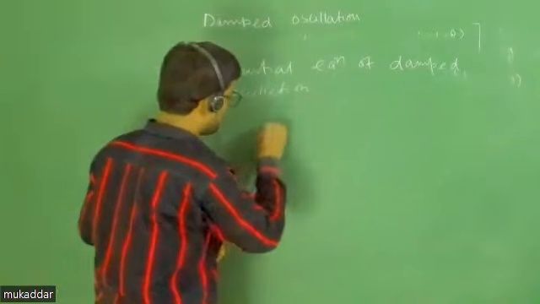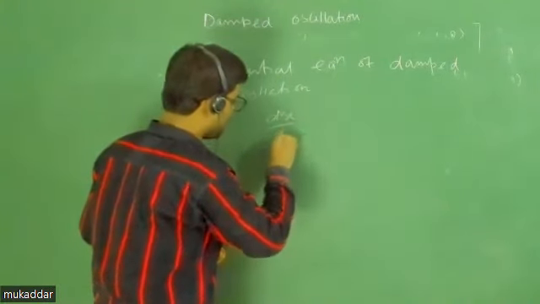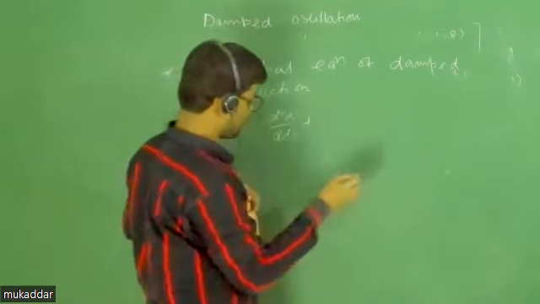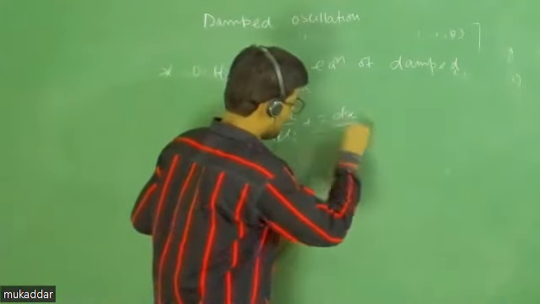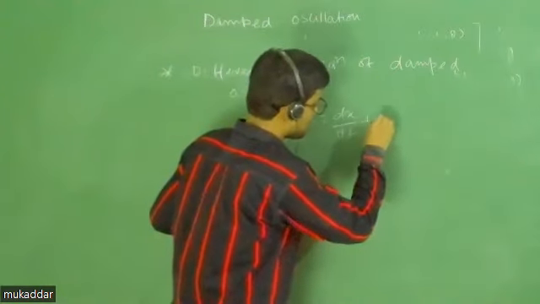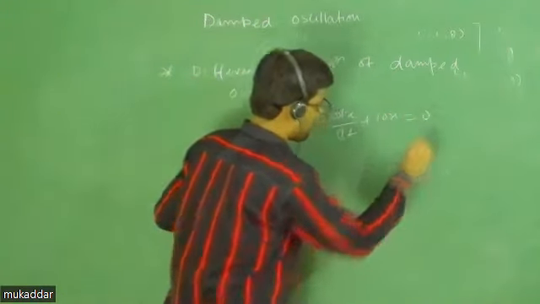That is d square x by dt square plus 2 dx by dt plus 10x equal to 0.